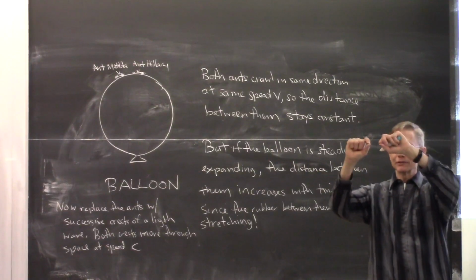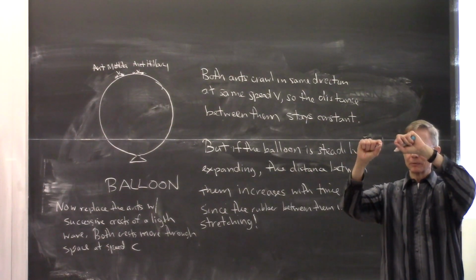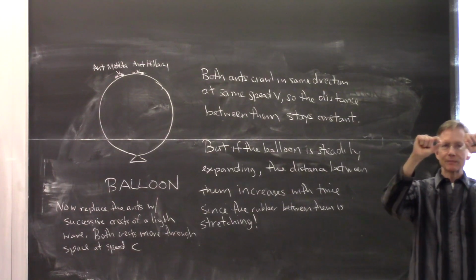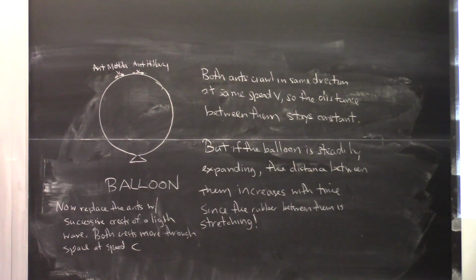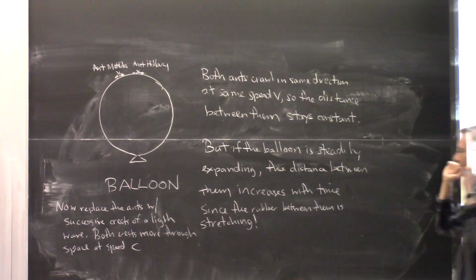But if the universe is expanding, even though both crests are moving through space at speed c, the space between them is expanding as the universe expands, and so the crests get further apart with time.